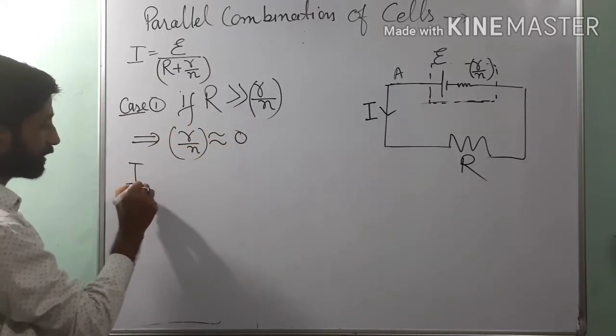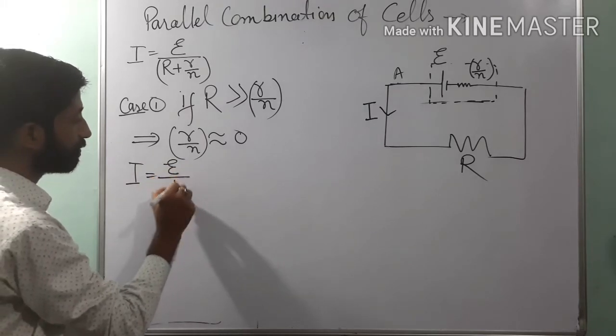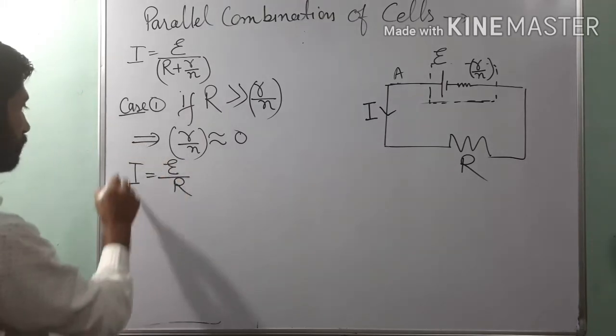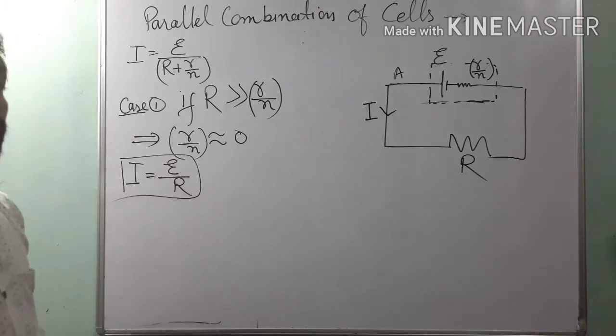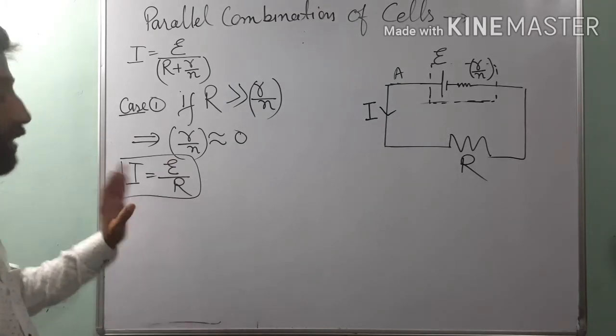So in that case, current is equal to EMF over R. See, this is a kind of drawback.